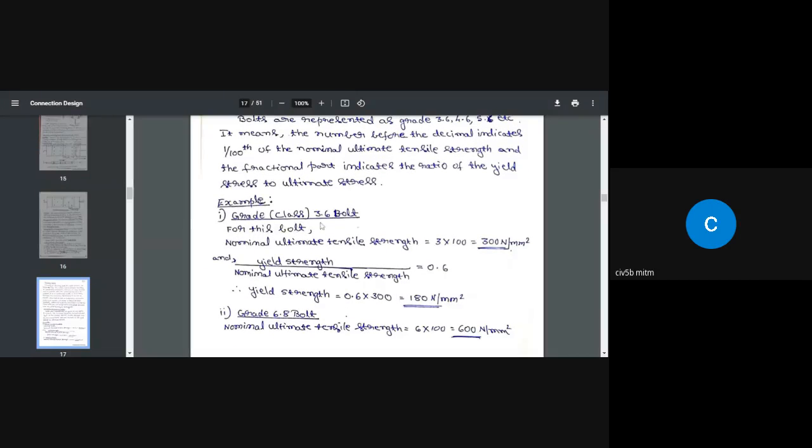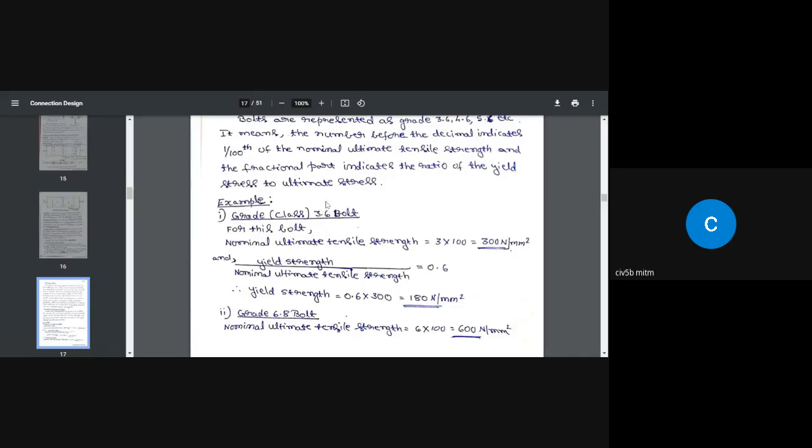So what is this 4 and what is this 0.6? If I take this 3.6 bolt, I've explained it here. Grade or class 3.6 bolt means if you take this 3 value and multiply it by 100, that gives you the nominal ultimate tensile strength of that particular bolt. 3 means 300 Newton per millimeter square is the tensile strength of the bolt.